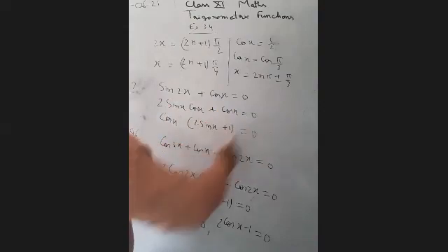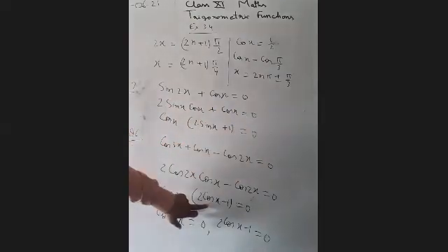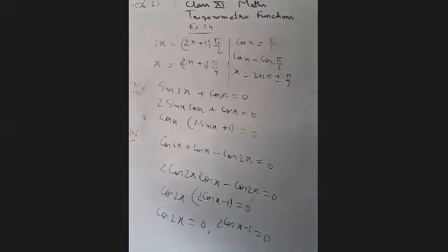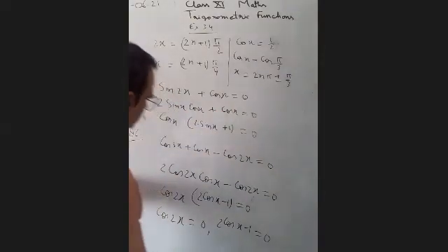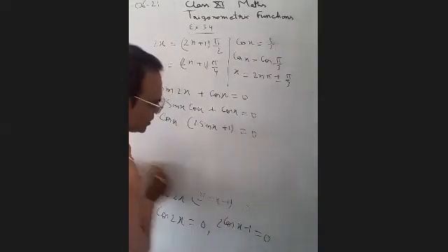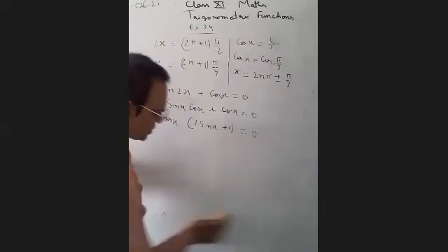So both are similar to the earlier one, where we were getting 2 cos x minus 1 equal to 0. Here we are getting 2 sin x plus 1 equal to 0 and cos x is equal to 0. So you can do it in the same manner. There is a minute difference, but you can do it yourself.